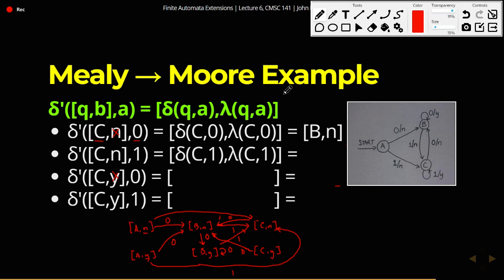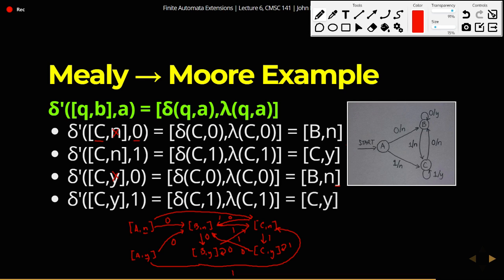Now for CN on 1, C on 1 stays in C, and it will output Y. So it will go to CY on 1. And CY as well will stay in CY on 1. Okay, so this is now your equivalent Moore machine.